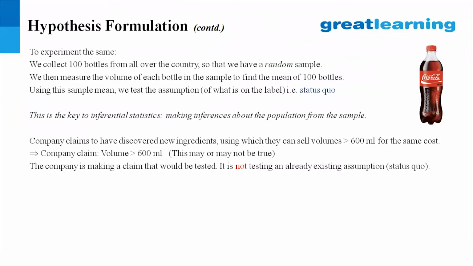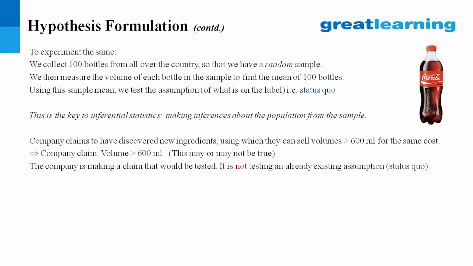Using those ingredients, their production cost reduces. So they are able to sell volumes greater than 600 ml for the same cost. They put in more ingredients, more volume, but their cost doesn't increase. So for the same cost, they are able to sell more than 600 ml. Now this is the company's claim. The company is claiming that they are going to sell volumes greater than 600 ml.